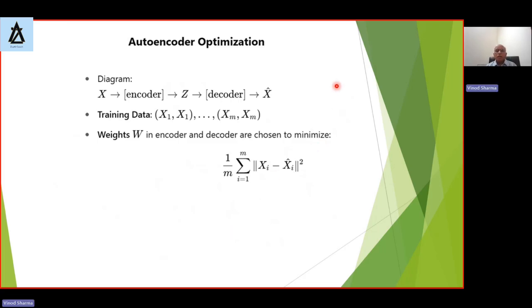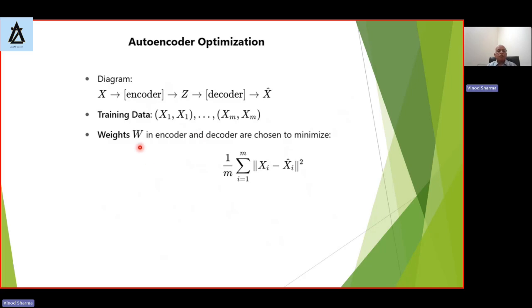Now we talk about the quantum versions of this. In quantum versions, we will be discussing the same way. X is the input. You pass it through the encoder, you get the Z. Then you pass it through the decoder, you get X hat. You have training data, which we should be writing just as X1 to XM.